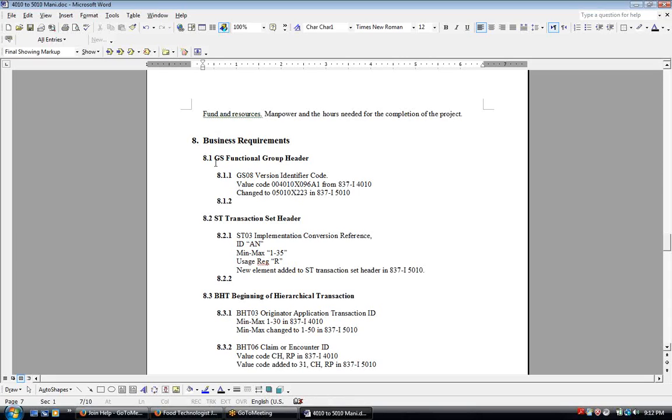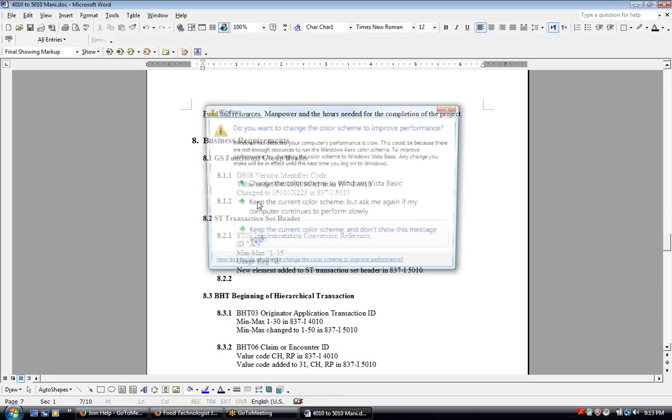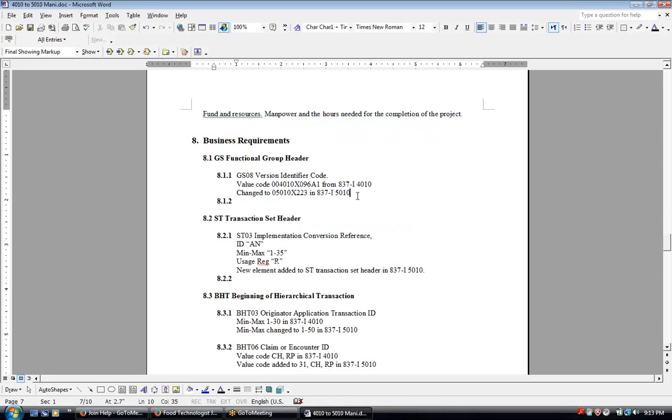The GS changes I put under one numbering, and similarly the STs under one numbering. I recorded what was changed from 4010 to 5010, and I also wanted to record who is being impacted, either the provider or what information is being changed.